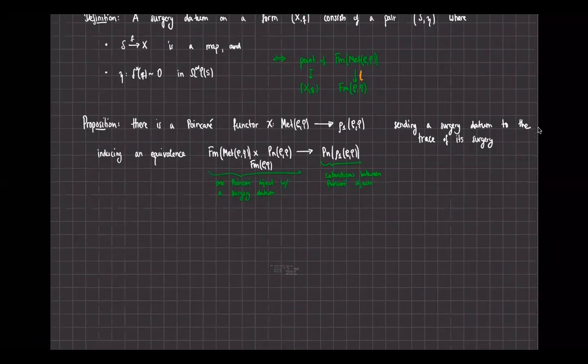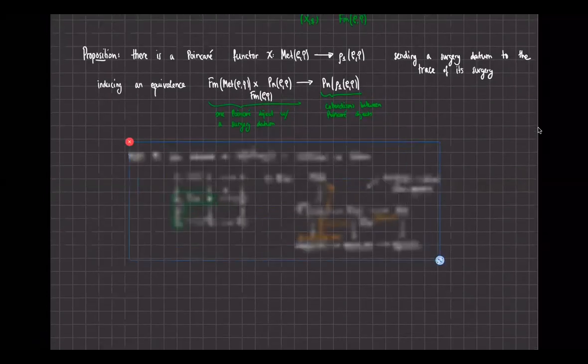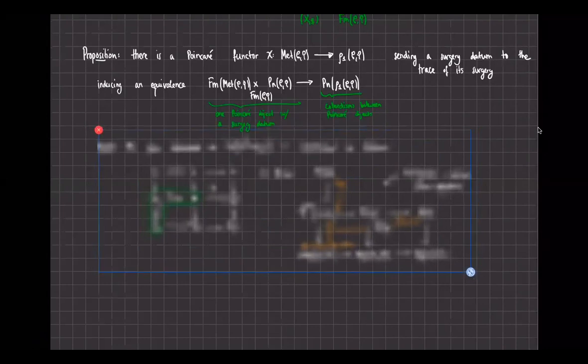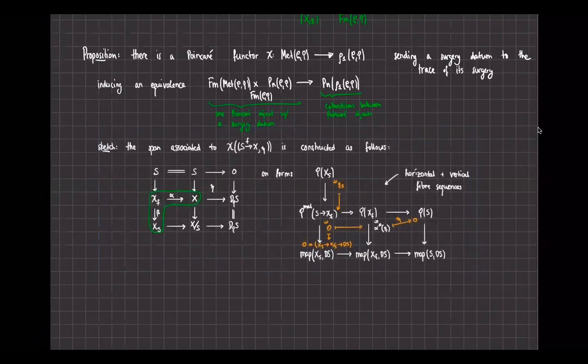And I want to make this a bit more concrete. So instead of really proving this proposition, I want to tell you what is the association on objects, roughly how do we get the form on this output.